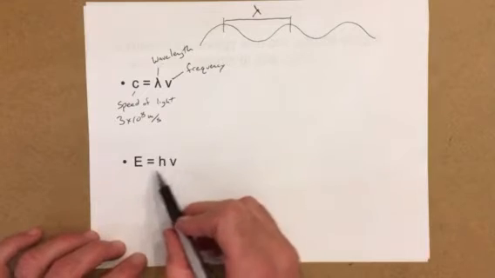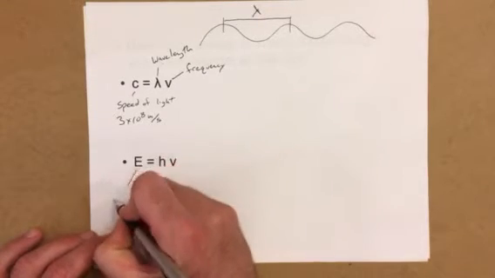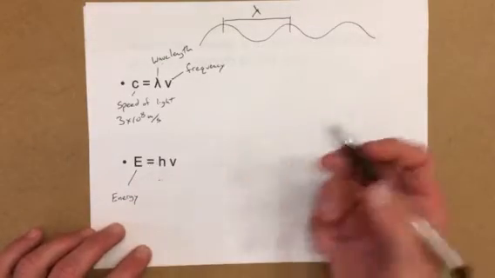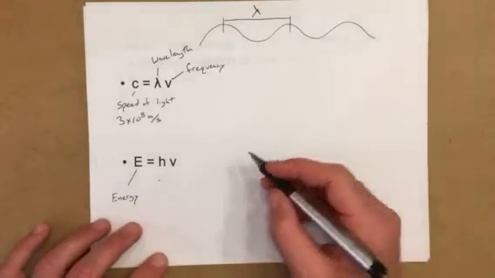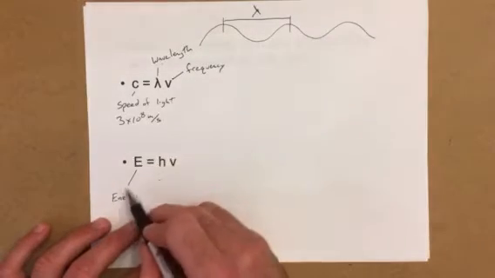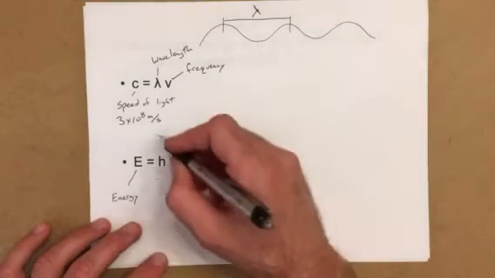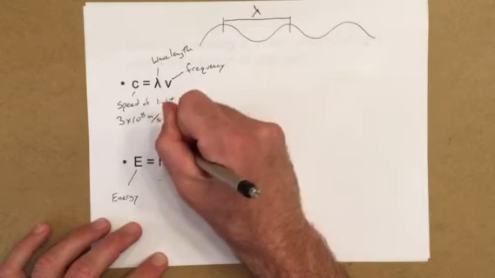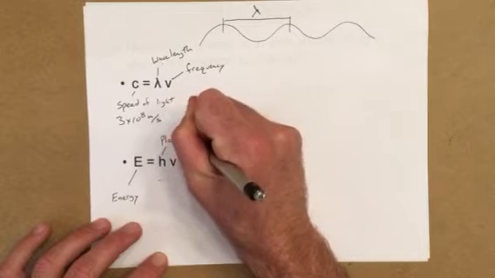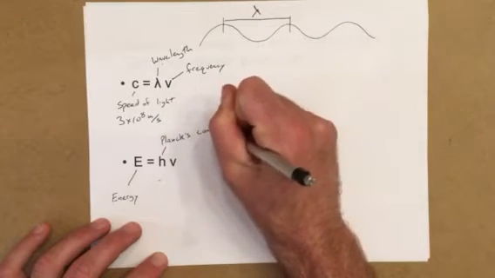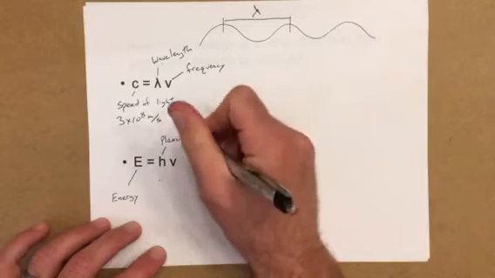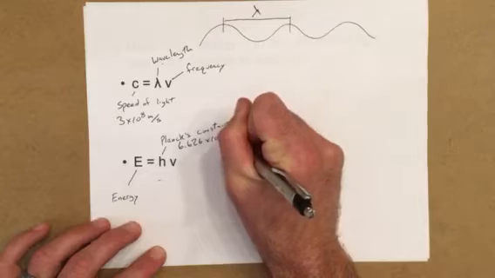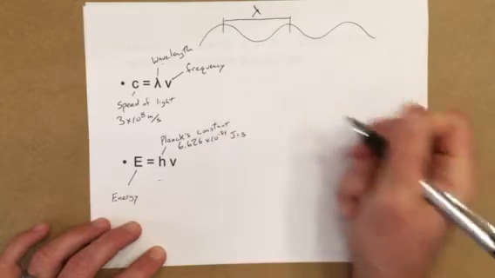The other equation that's pretty important is this one, with which you can calculate the energy. Energy is measured in joules, just like in our last chapter where we were measuring other types of energy. In this equation, E is for energy. h is a constant called Planck's constant, which has a value of 6.626 times 10 to the negative 34 joule-seconds.